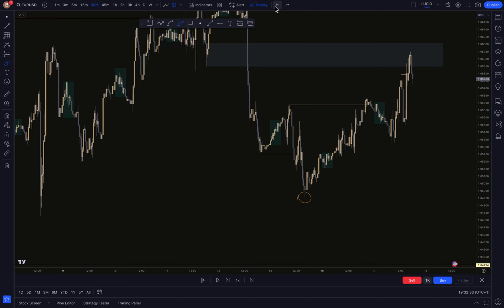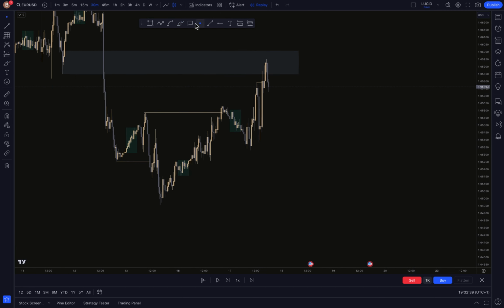In one of my videos on external versus internal liquidity, I told you guys that once price gives us an internal liquidity, and price takes the internal liquidity and then moves to external, once we are coming back to internal again, it's most likely going to be used as liquidity.